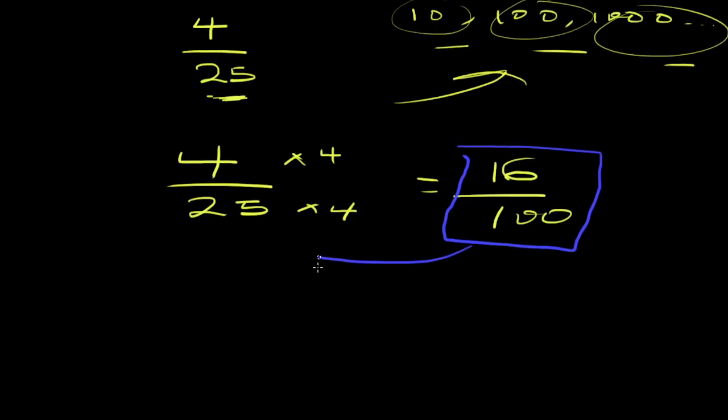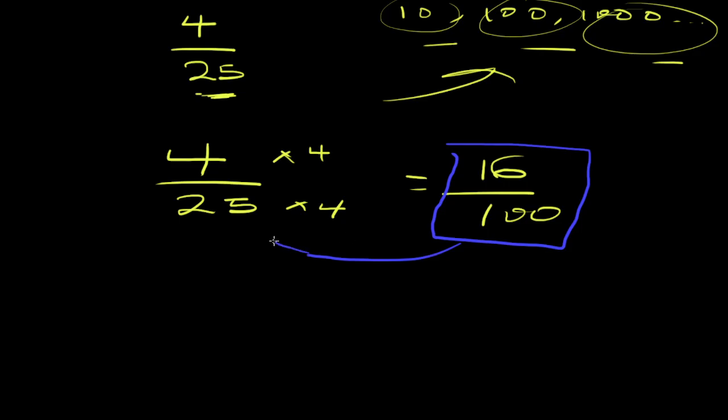The 16 over 100 and 4 over 25, although they look different, their value is the same, because all that we did was multiply 4 to the numerator and the denominator. So they look different, but their value is the same. So if we change this to a decimal and we change this to a decimal, it is actually going to be the same.